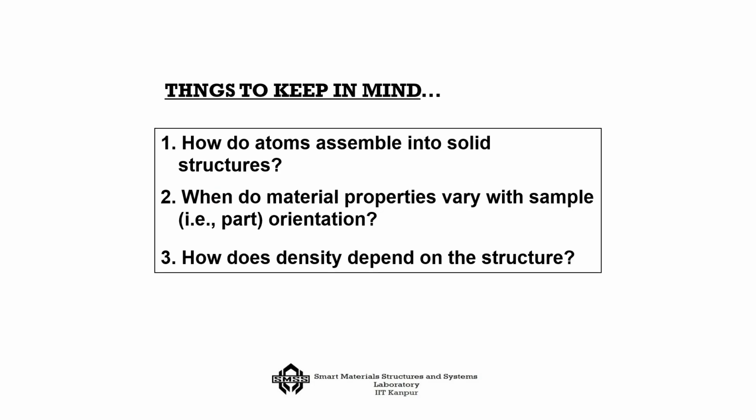We have to keep in mind how atoms assemble into solid structures, when material properties vary with sample or orientation, and how density depends on the structure. That will give us some clue in terms of our material selection.